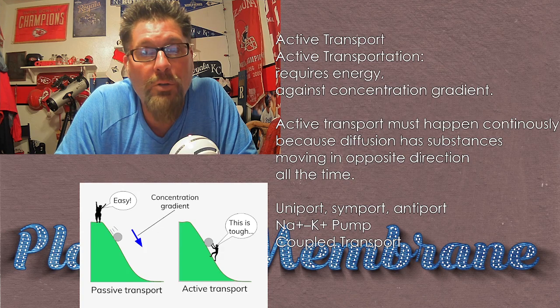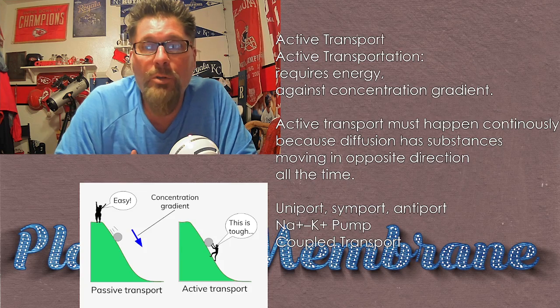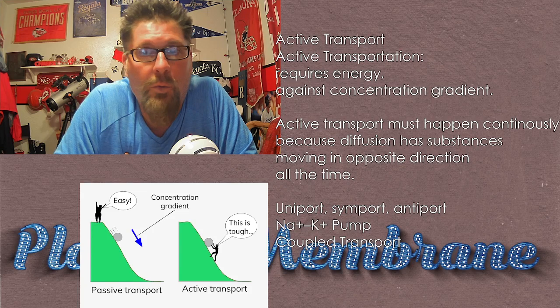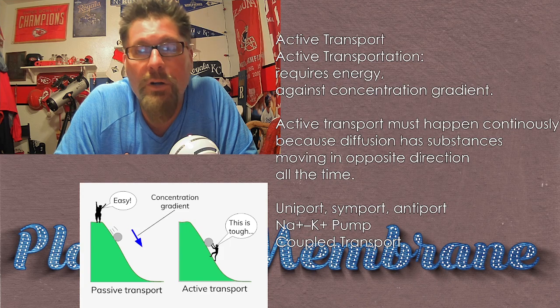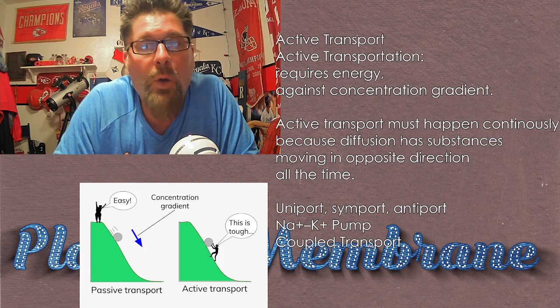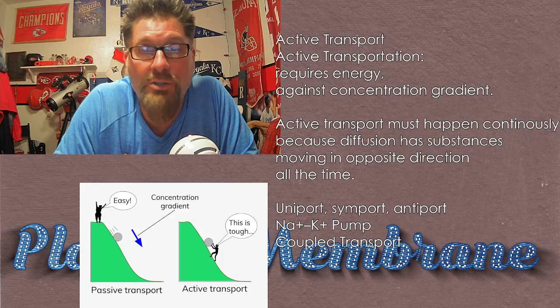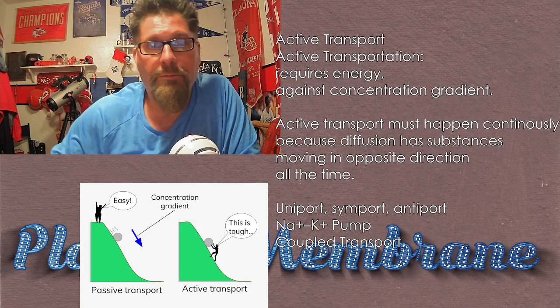Just like facilitated diffusion, active transport uses quite a few different proteins, and we'll get into all that: uniporters, symporters, antiporters. We've got the sodium-potassium pump that we're going to be looking at, and the whole idea of coupled transport. That's a huge and important concept for you to grasp, but we'll talk about that when it's time.